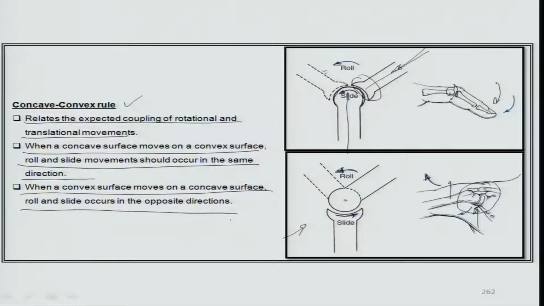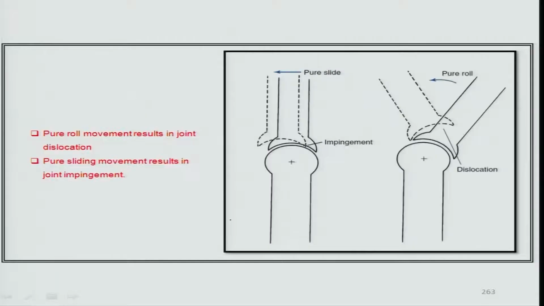There are also certain constraints that we have to impose, otherwise there will be dislocations. For example, if we wanted to purely roll one portion of the joint over the other, it may result in joint dislocation.